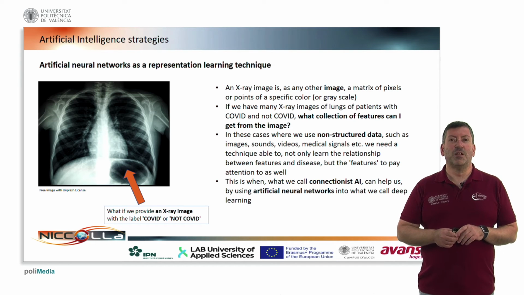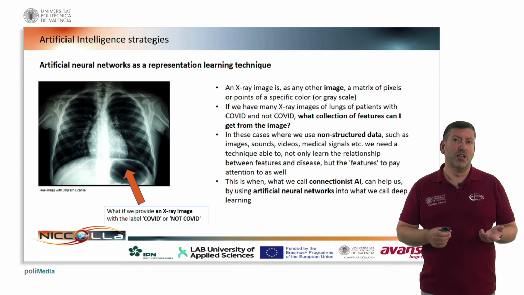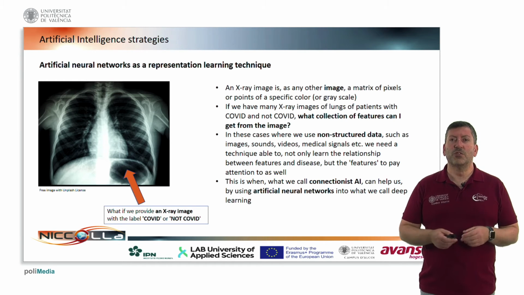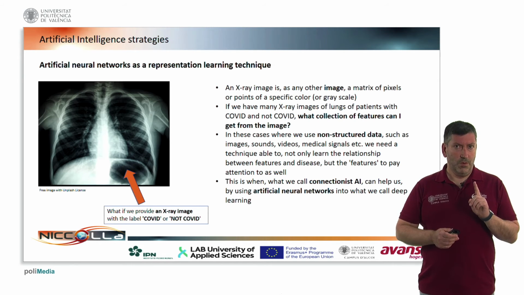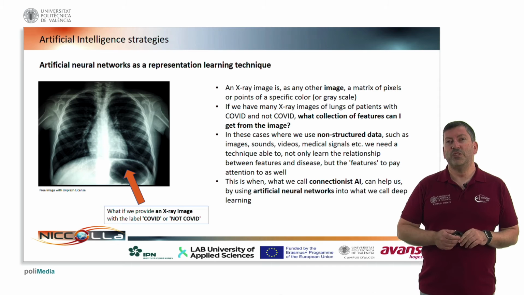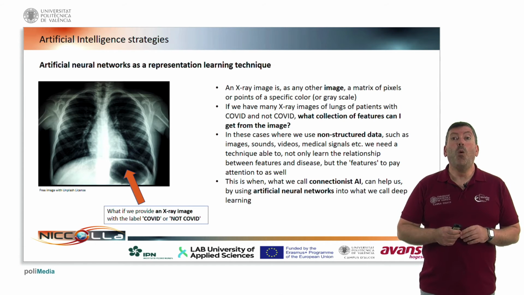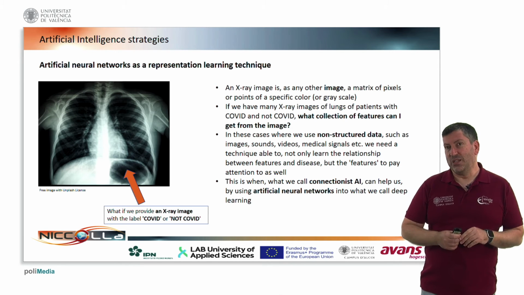In these cases where we use non-structured data, such as images, sounds, videos, medical signals, we need a technique able to not only learn the relationship between features and the disease, but what features to pay attention to as well.